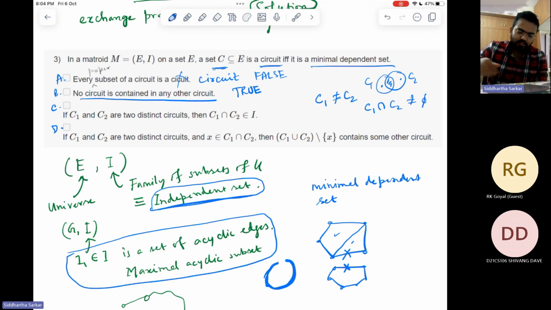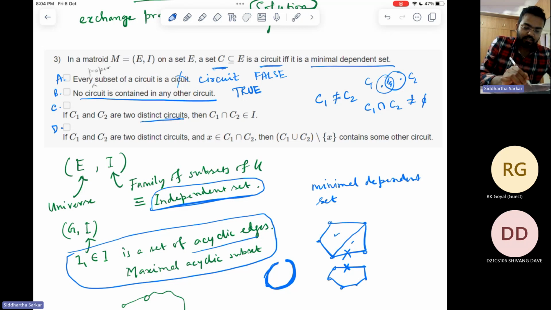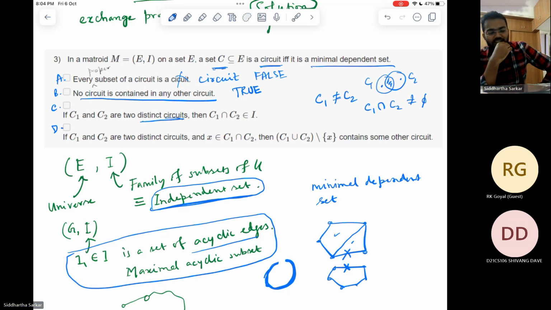If you consider this example, you can think of I as the set of acyclic edge sets. Now, if I have two minimal dependent sets, is it necessary that they be distinct? Yes, distinct is also necessary, two distinct circuits.